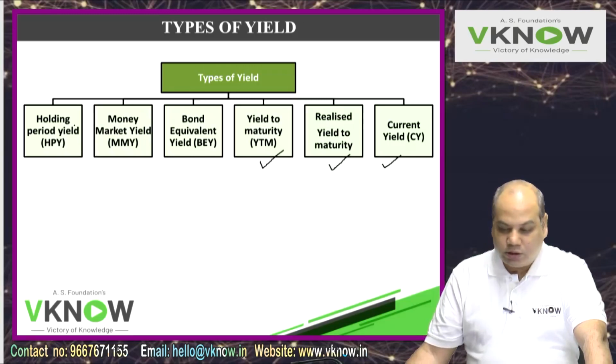Which are these types of yield we have to study now? Holding period yield, money market yield. In some exams they have also asked bond equivalent yield. Mostly they ask you yield to maturity or realized yield to maturity or current yield, right?